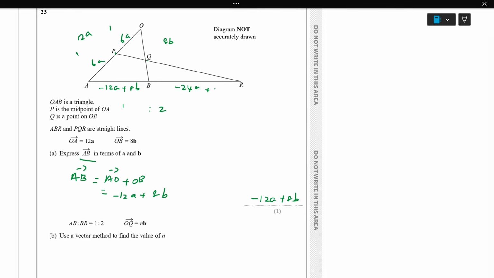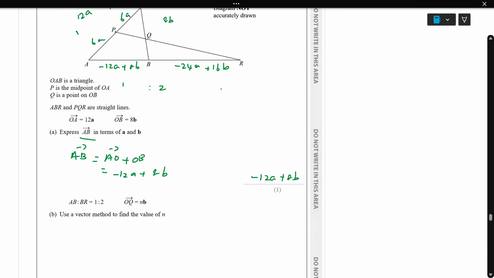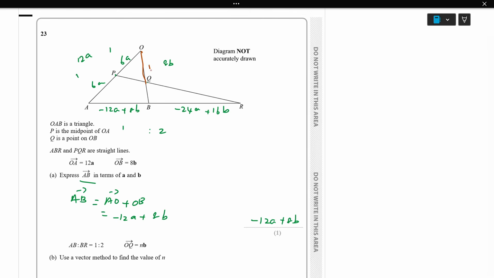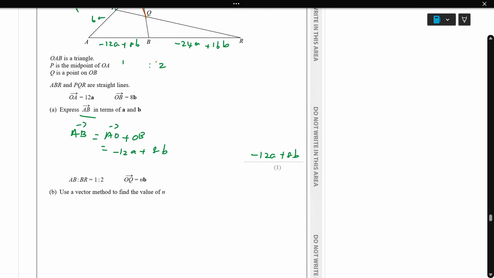Next one, AB ratio BR is 1:2. We calculated AB, which is minus 12A plus 8B. So 1:2 is going to be double. So BR is going to be minus 24A plus 16B.